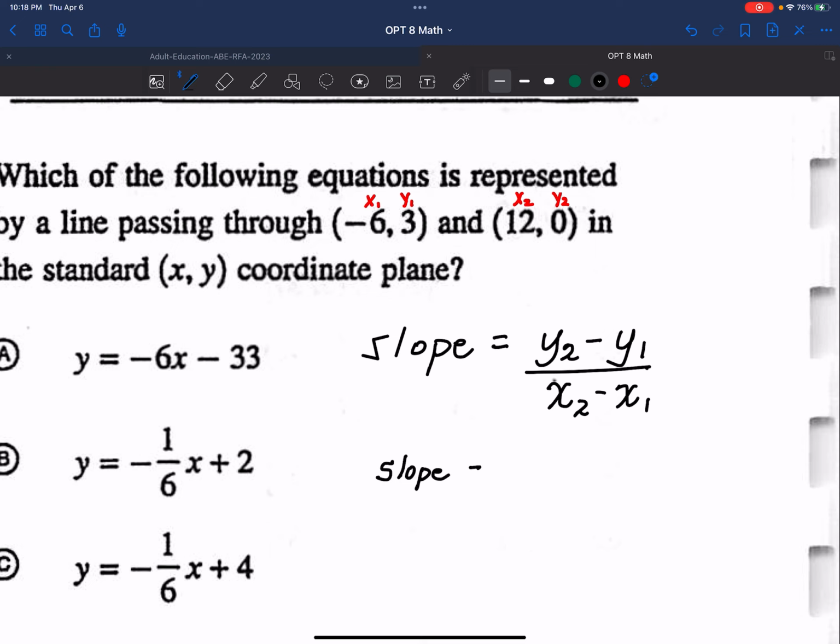So slope equals y sub 2 minus y sub 1 over x sub 2 minus x sub 1. So we get negative 3 over 12 plus 6 is 18. So the slope is negative 1/6.